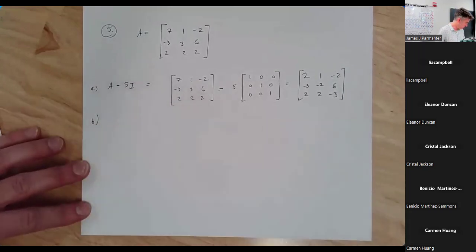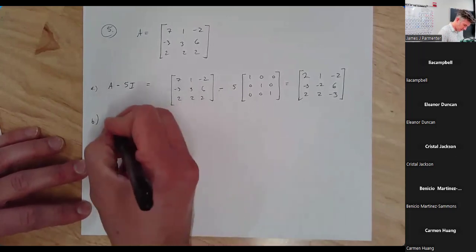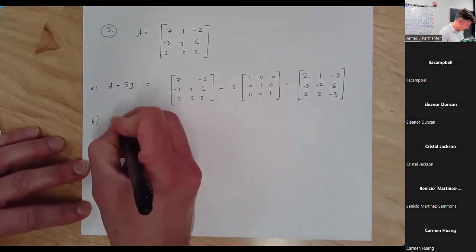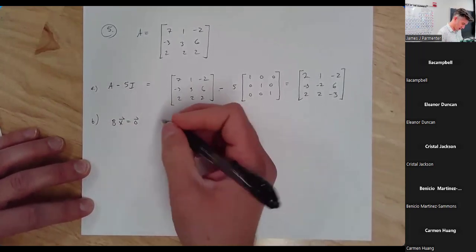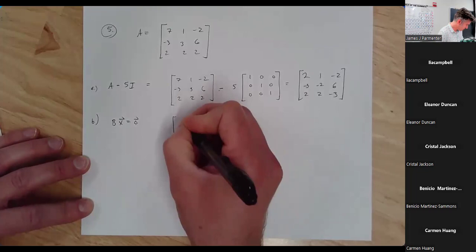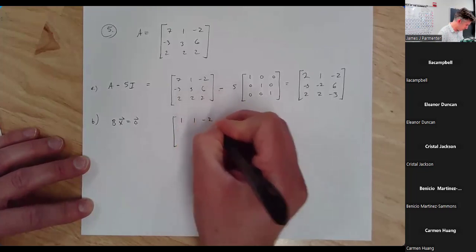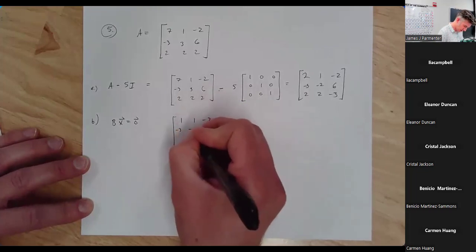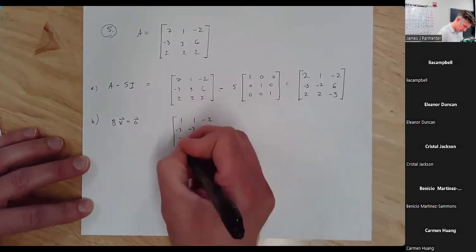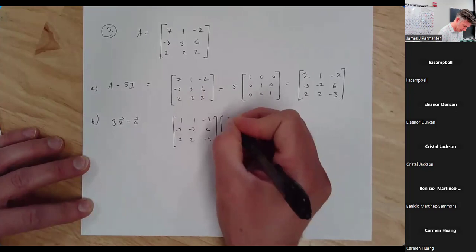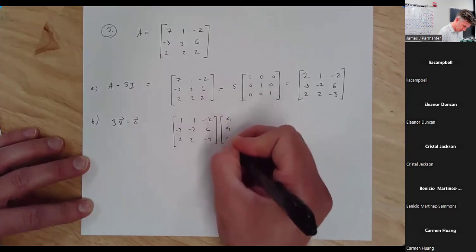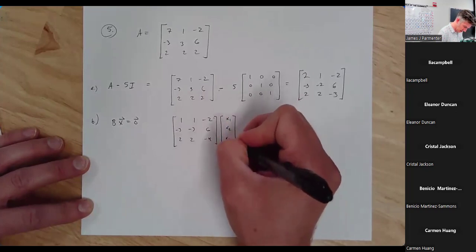Let's look at part B. Solve B times X equal to 0. So different matrix. We got 1, 1, -2, -3, -3, 6, 2, 2, -4 times the vector X consisting of the components X1, X2, X3.